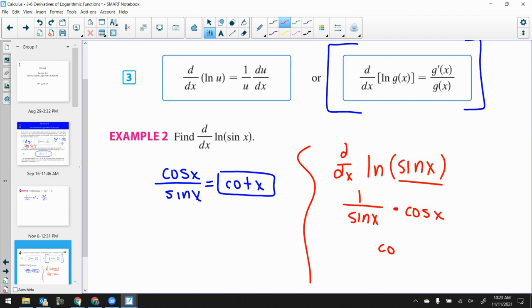And then I just put it on top. So I get there, and then it turns into cotangent, obviously. But if you remember the trick, if you've got a function inside ln of x, you can just take the derivative of the inside divided by the original inside. Okay?